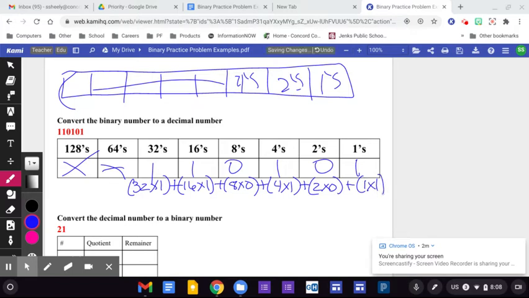If I do that, my decimal number is going to be 53. So I'm adding 32 plus 16. This is 0. So 32, 16 plus an additional 4. This is 0 plus an additional 1. And that means my answer is 53.